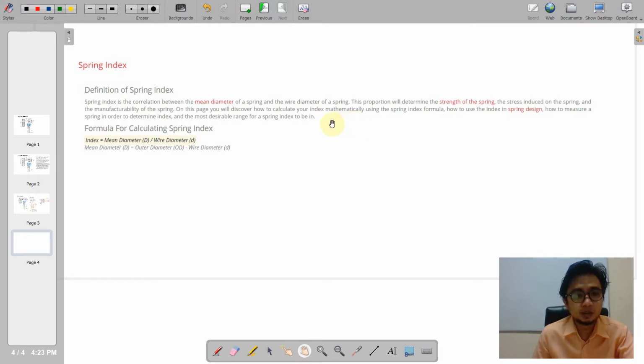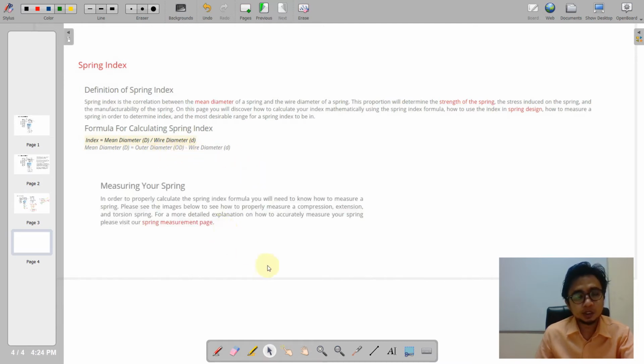the spring. So we will discover how to calculate the index mathematically using the spring index formula, how to use the index in the spring design, how to measure a spring in order to determine the index, and the most desirable range for the spring index to be in. So as we can see, the formula is that m is capital D divided by small d.